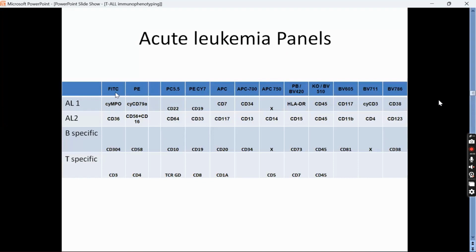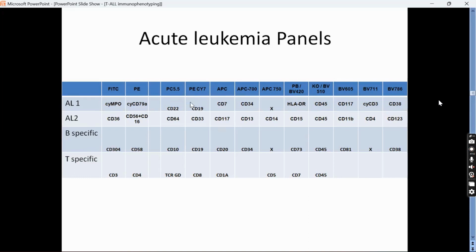And this is a slightly modified panel, where they have two tubes covering all important T and B cell markers with myeloid markers. So they have all myeloid markers here and some important T and B cell markers. With the results of these two tubes, they will process further. If it's showing CD19 positivity, where is CD19 here?